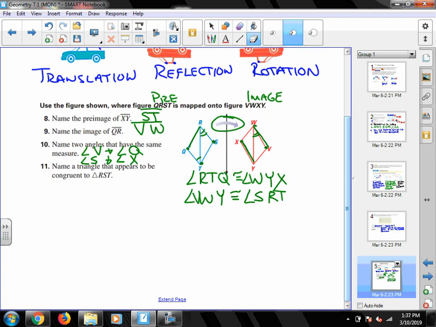Actually, VWY should not be RST. It should line up with WXY. No, not WXY. RQT.